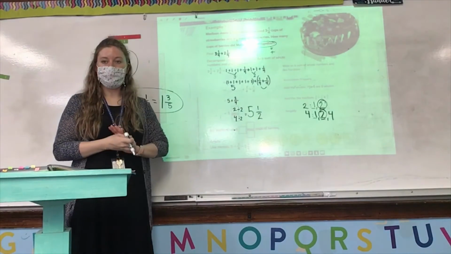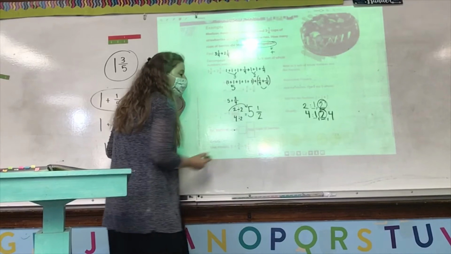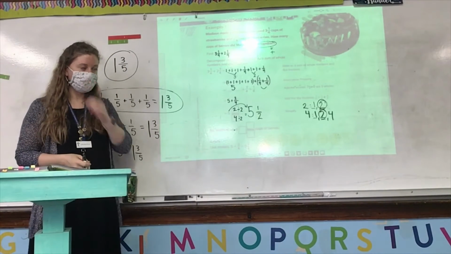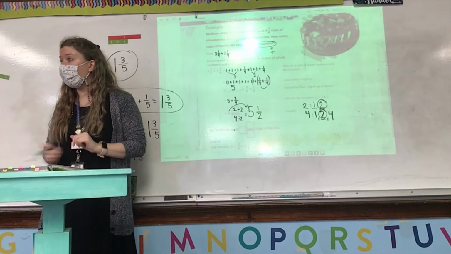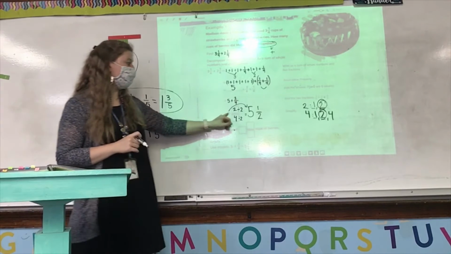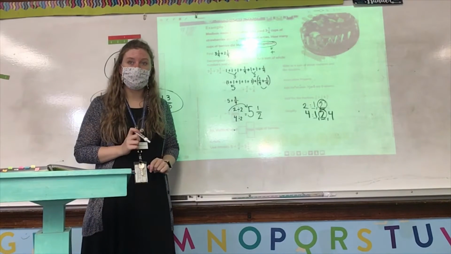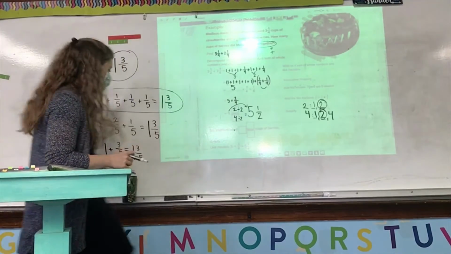Then you write 1/2. Do not forget to move your whole number. You can show the division right there, but do not forget to move that whole number. Otherwise, you're telling me that 5 2/4 is equivalent to 1/2. And if we model that, we know that is absolutely incorrect.